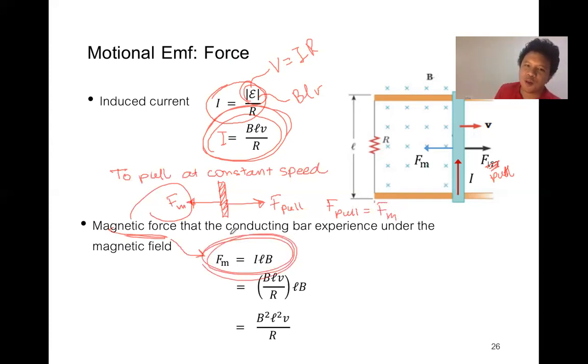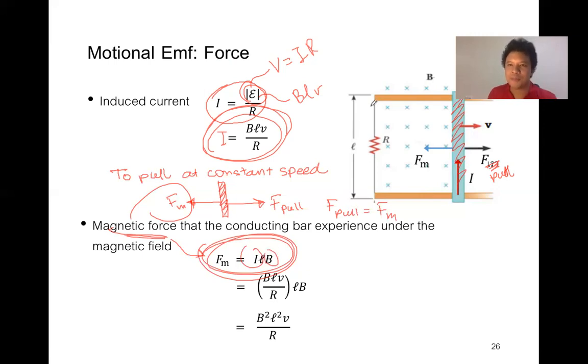So let's recall the last lecture. Don't forget that this bar is a conducting wire with a current I, and is within the magnetic field. So when current is in a magnetic field, there should be a force acting on the bar, Fm.